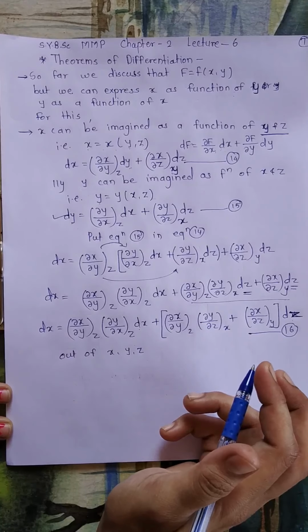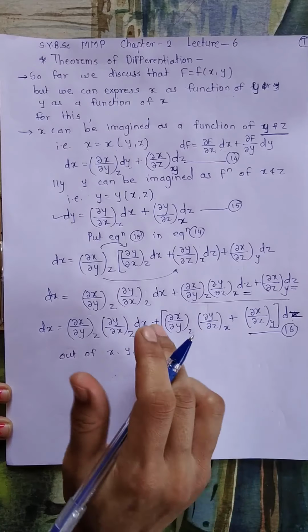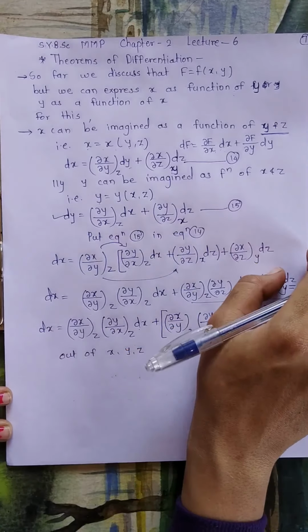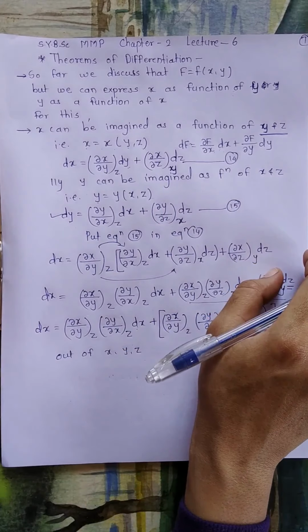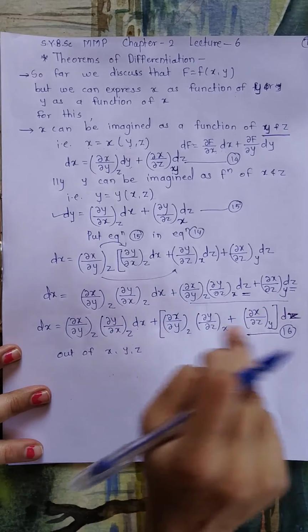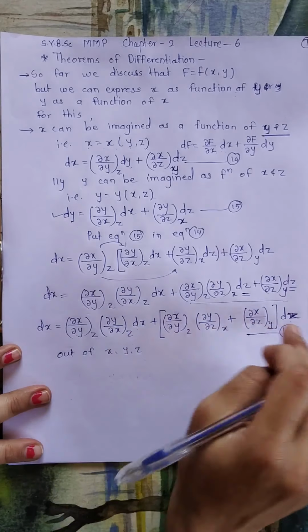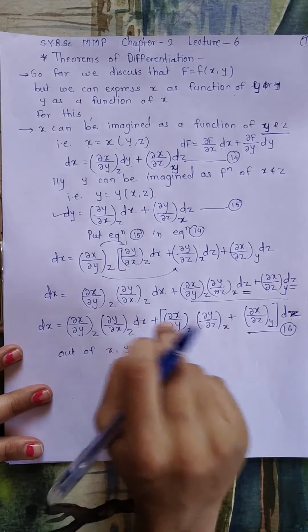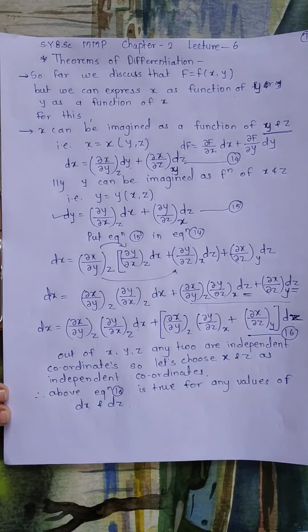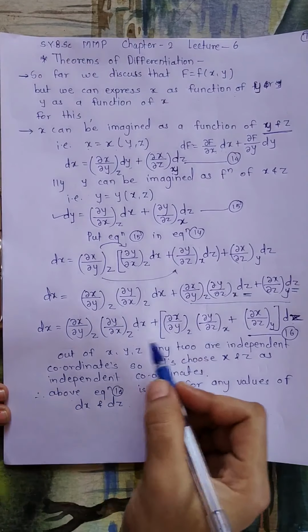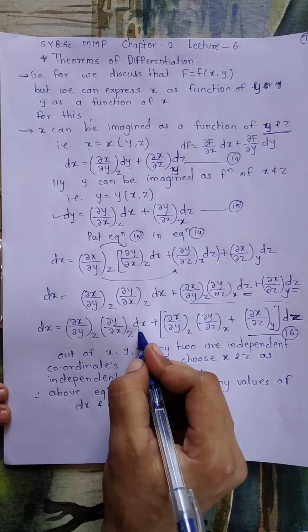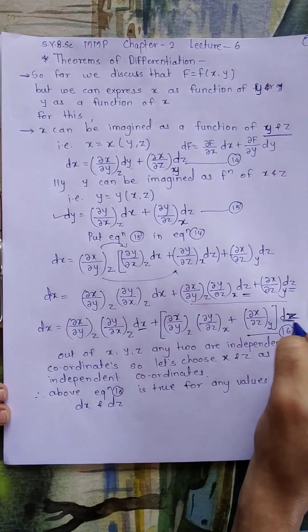Sorry for the mistake, we have taken dz common, so here there is dz; make this correction. So by taking x and z as independent coordinates, the equation must be true for all values of dx and dz. So if we take x and z as independent coordinates, then equation 16 is true for all values of dx and dz.